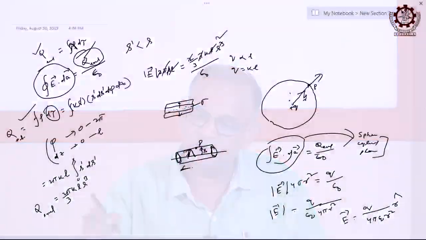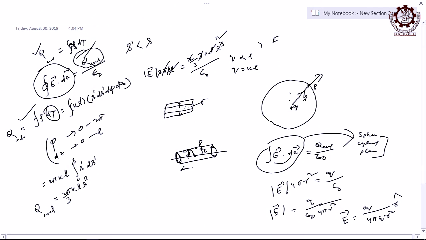So, now what will be your E now? This E magnitude is equal to how much? 2 k s square divided by epsilon 0, or wrong? 3 is there, right, 2 is not there, right. So, it is 1 by 3 epsilon 0, k L square or s square, yes, L cancels, right, s square.